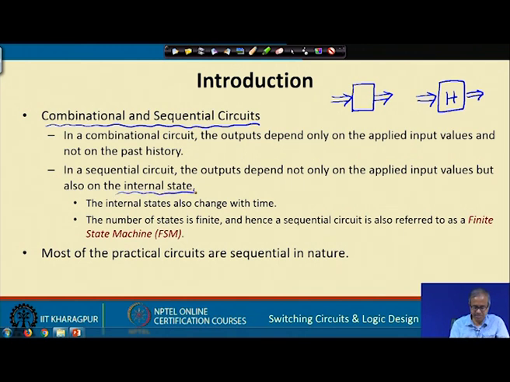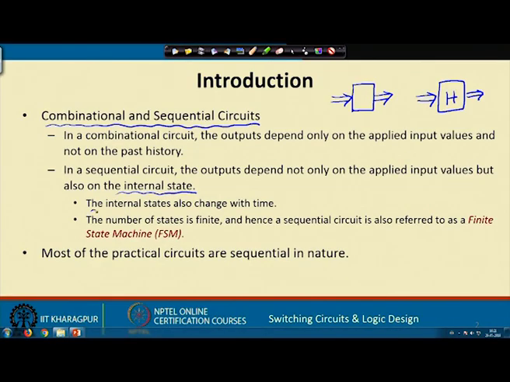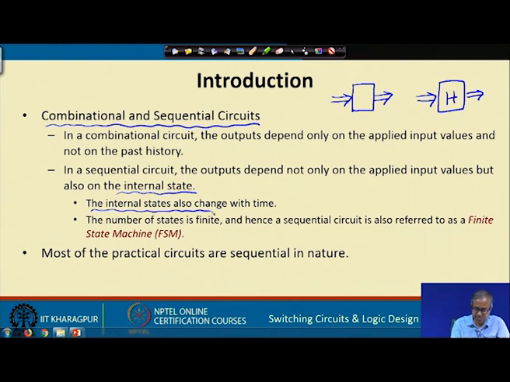And another point to note is that as we go on applying inputs in some sequence, the circuit also goes on changing its state. So, the state of the system changes with time in response to the applied inputs. This is an important point. The internal states of the machine or the circuit change with time.